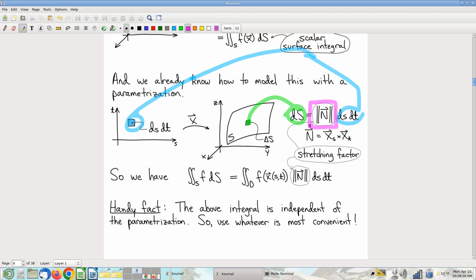It's the magnitude of capital N, being computed by that formula. Already figured it out. So that's our stretching factor. That's what we put in here when we pull back through the parametrization. That's what we put in here when we want to make the differentials ds dt, right? To sort of make it right, as it were. That's what makes it legal.